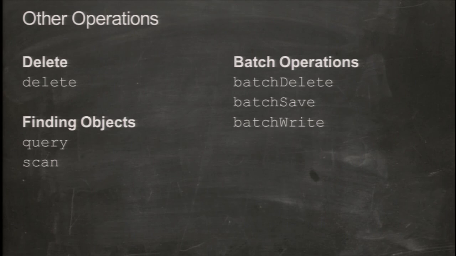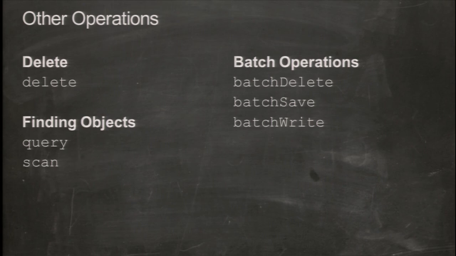So in addition to being able to load and save, the mapper supports a number of other options, which you see up on the screen. So we can delete objects. We can load objects. We can load multiple objects via the query and scan operation.